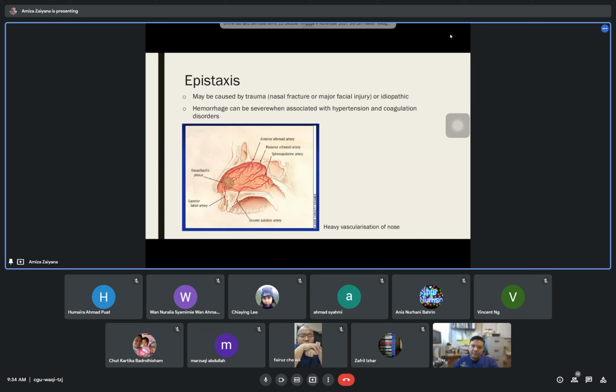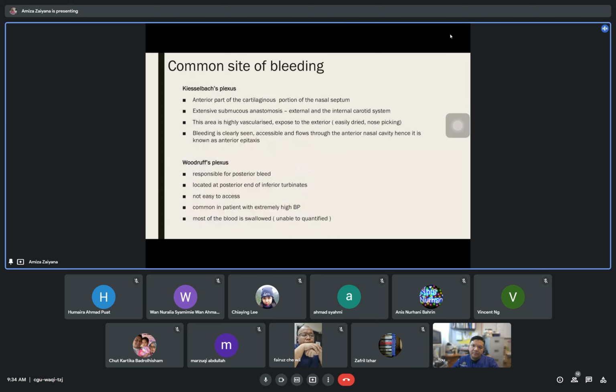A common site of bleeding is the Kiesselbach plexus. It is at the anterior part of the cartilaginous portion of the nasal septum. There is extensive submucous anastomosis from the external and internal carotid systems.